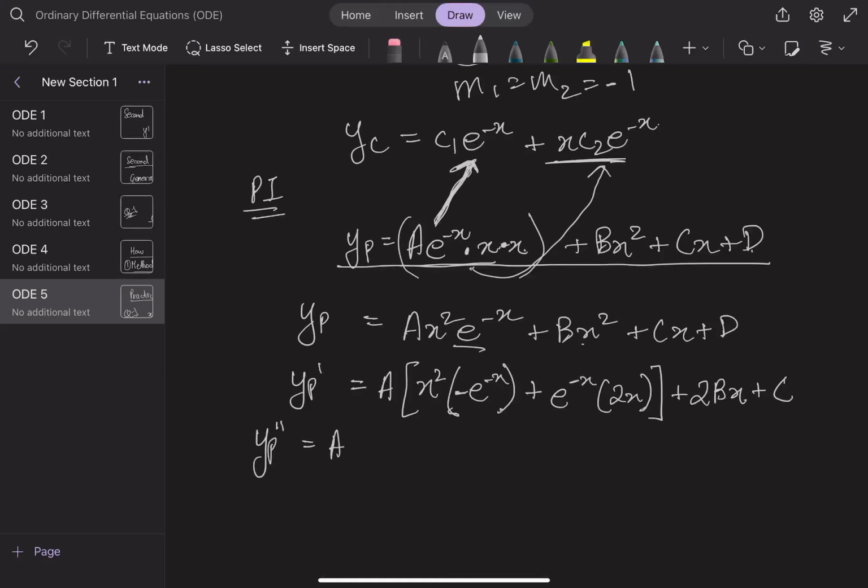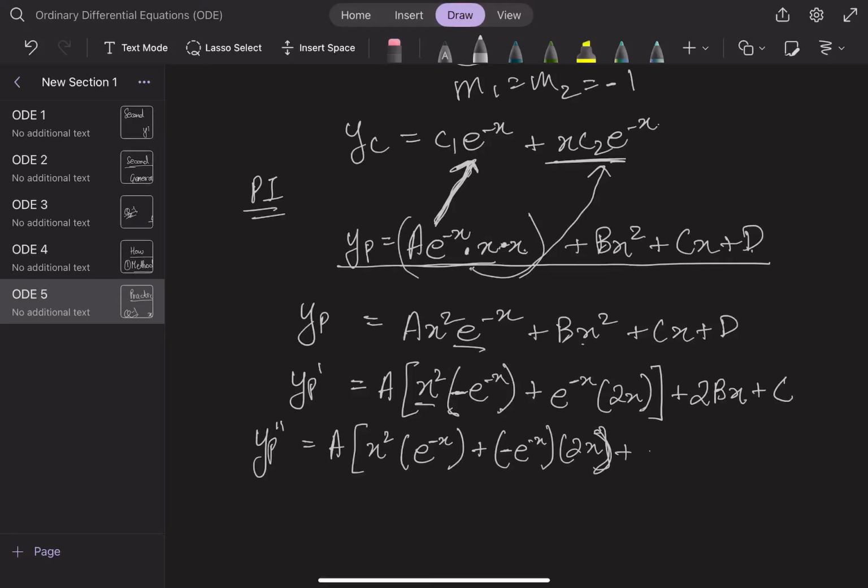Now let's find yp double dash. Let's keep the a outside. Again, we're going to ignore x square and differentiate this. So it becomes e raised to minus x, as minus and minus get cancelled, plus minus e raised to minus x, and differentiate x square, that is 2x.